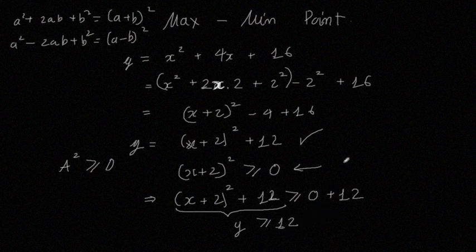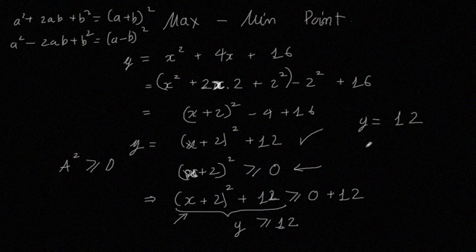Because y is always greater than or equal to 12, y has a minimum point. So the minimum point of y will be 12, and it happens if the first inequality is equal to 0. It means x plus 2 will be equal to 0. When x plus 2 equals 0, you can substitute here and you will find y equals 12.